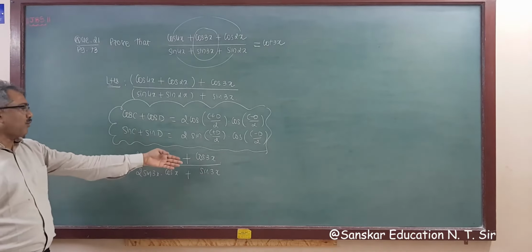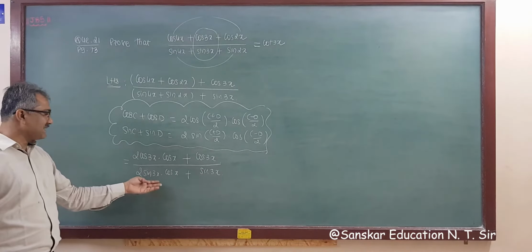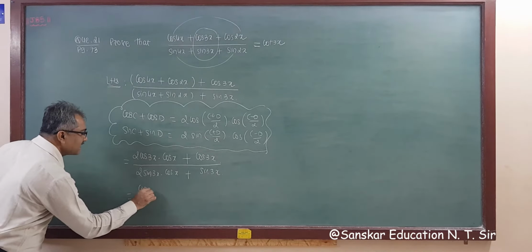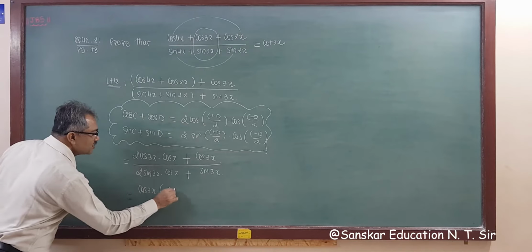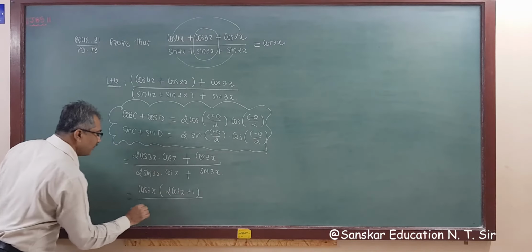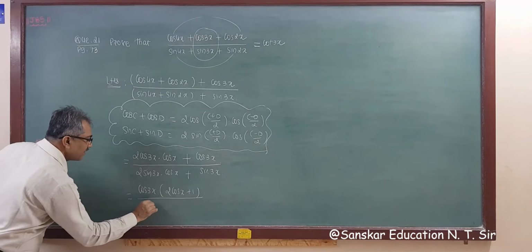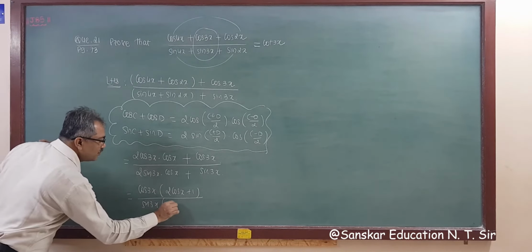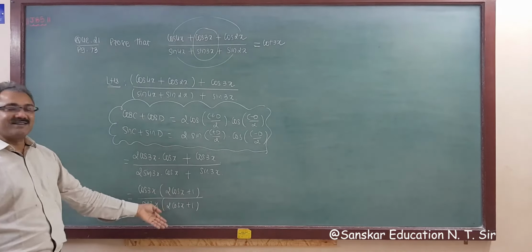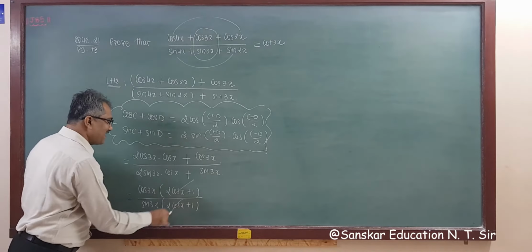So taking cos 3x common from numerator and sin 3x from denominator, what we get? Cos 3x from numerator, so 2 cos x plus 1 whole upon sin 3x, so 2 cos x plus 1. So this will be cut, and what is your answer?